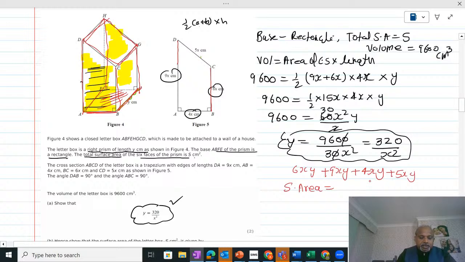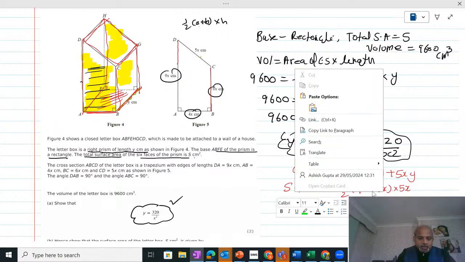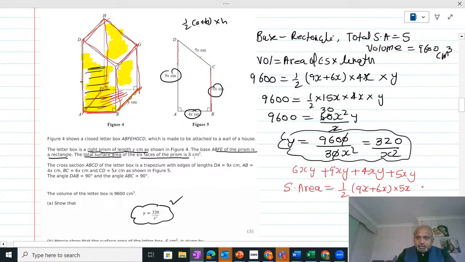So surface area of the letter box, 1 by 2 times 9x plus 6x times 5x. If you simplify, 9 plus 6 is 15x, and it is times 2 as well. So it is coming 60x squared, the surface area of the letter box. So that is this trapezium.